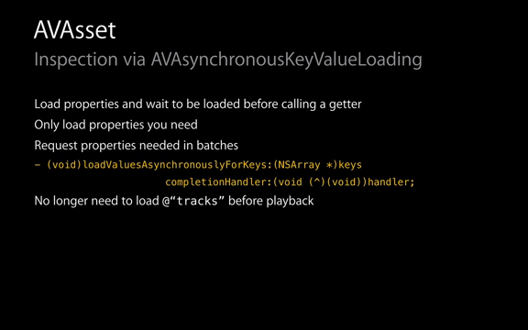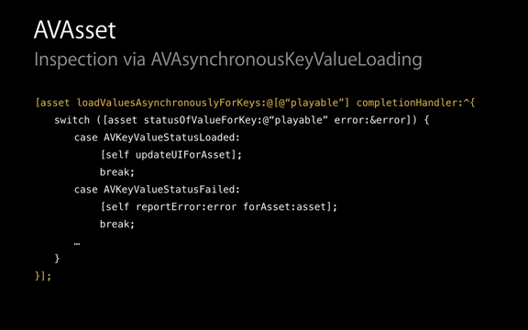Now let's look at how AV asynchronous key value loading translates into code. In this particular example, I'm interested in loading the property playable. I pass in an array with just playable in it, and I provide a completion handler. In my completion handler, I first check to make sure the property is loaded.